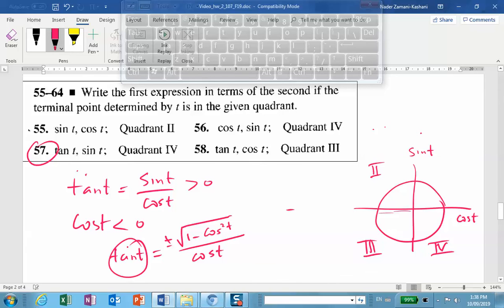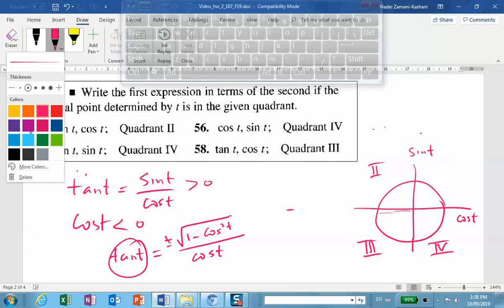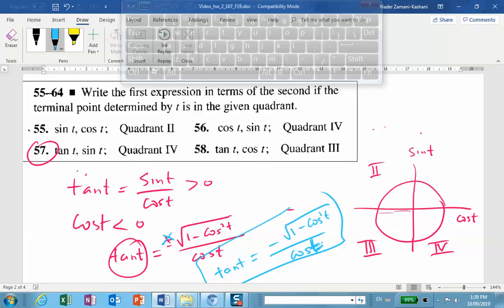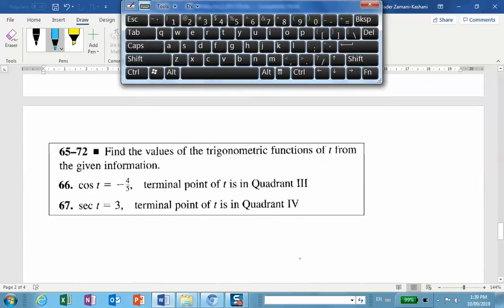This entire expression must be a positive number, and the bottom is negative. So in order to do that, the top must also keep the negative sign. So not the positive one, and tangent of t becomes minus square root of 1 minus cosine squared t divided by cosine of t. The bottom is negative, the top is negative, the ratio which is tangent is going to be positive, which is consistent with being in quadrant 3. Okay, so the final problem.